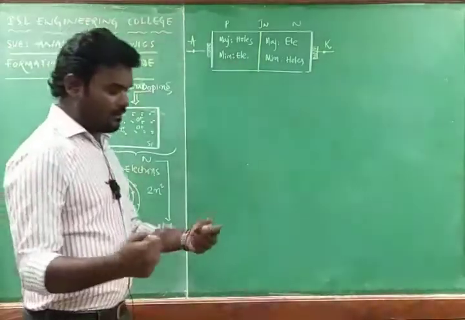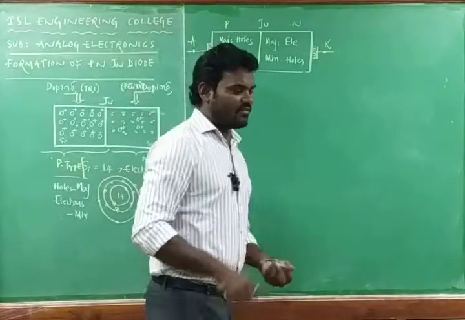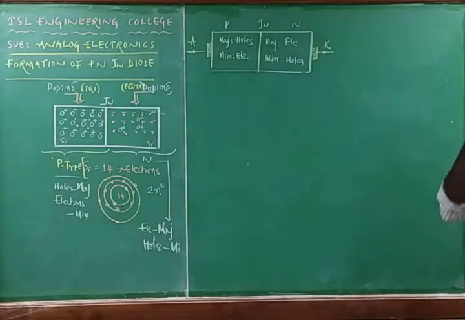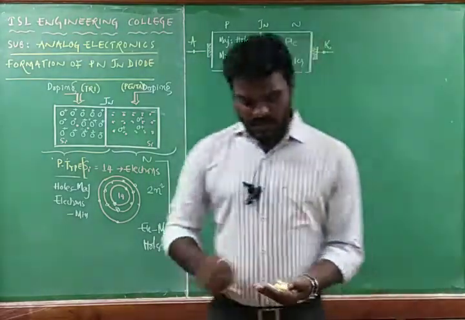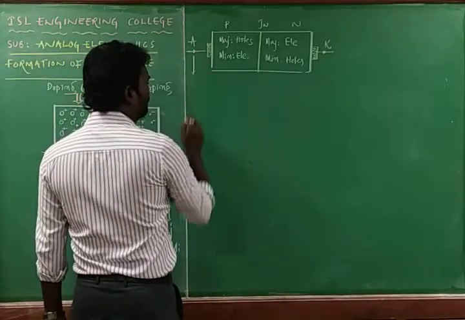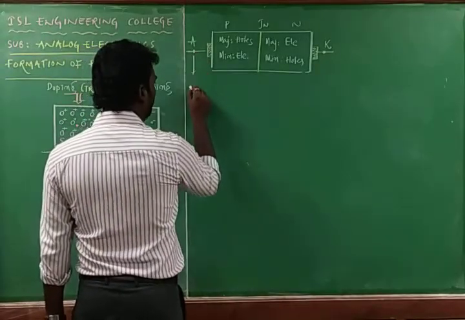Whenever we connect a metal to a semiconductor, we require one particular contact, called an ohmic contact. That is a contact between the semiconductor and the metal, so electrodes are always formed with metals.